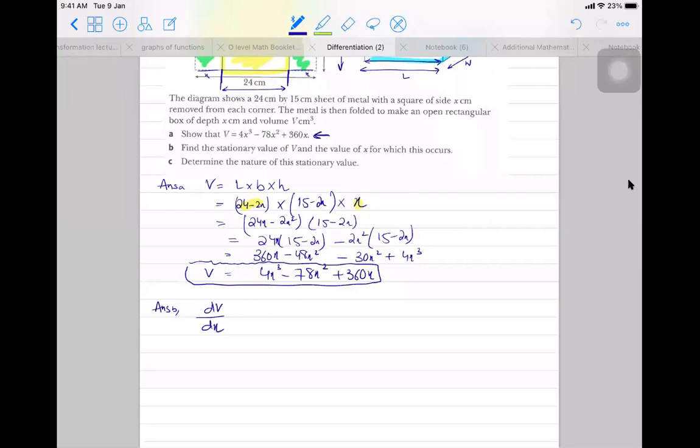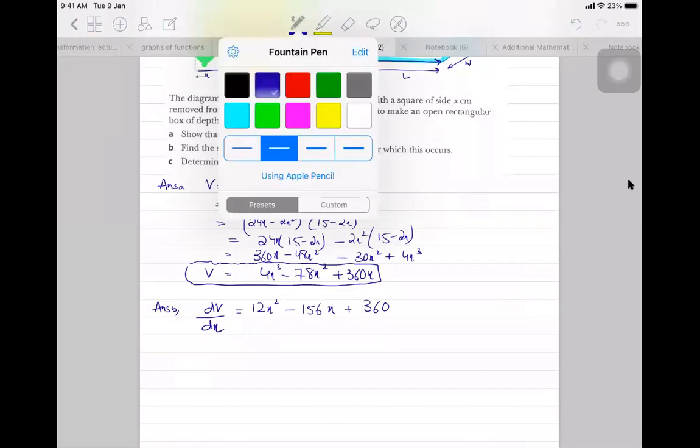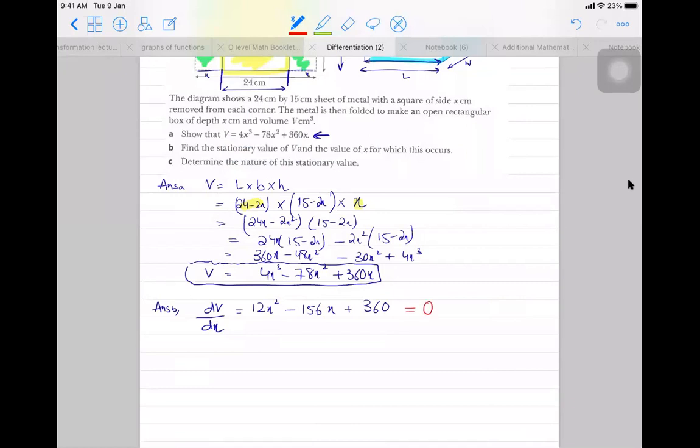So the differentiation is going to be 12x squared minus, what's 78 times 2? 156x plus 360. Okay, that is dV by dx.